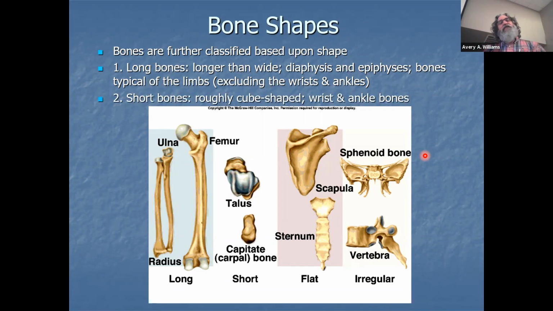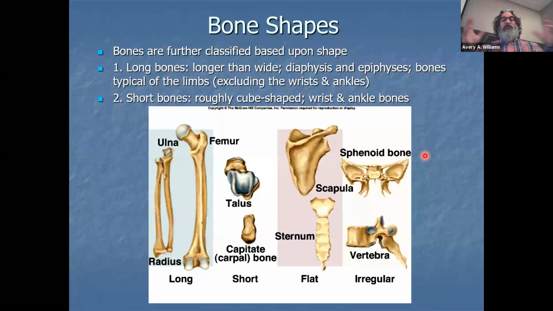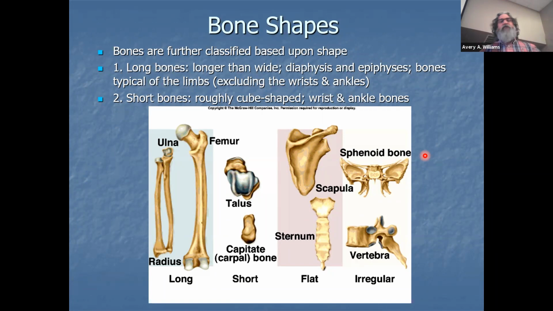Number two, those are short bones. I describe them as being roughly cube-shaped. Now, don't call them cuboidal bones. There's no such thing as a cuboidal bone or a class of cuboidal bones. They're called short bones. Those are the bones of the wrist and the ankle, because they're kind of cube shaped, I guess.